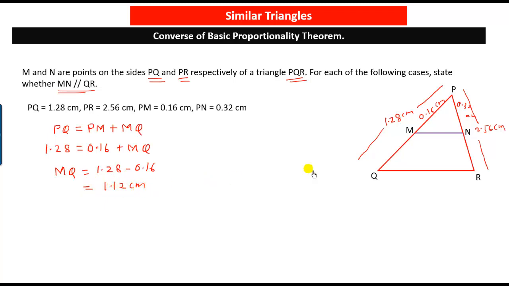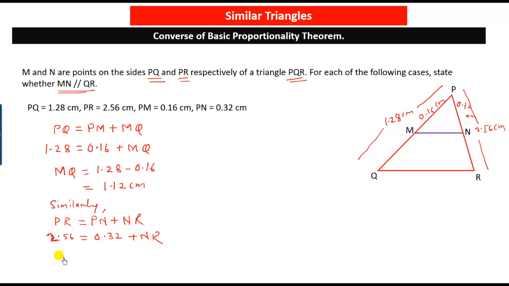Similarly, PR is equal to PN plus NR. PR is given as 2.56 centimeter, which is equal to PN, 0.32, plus NR that we do not know.